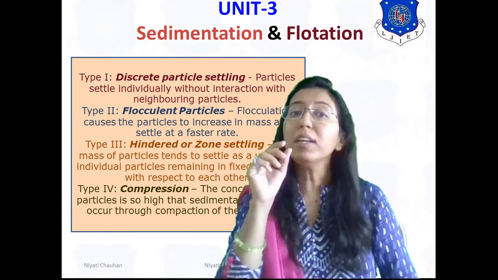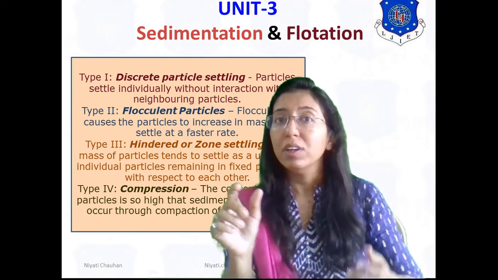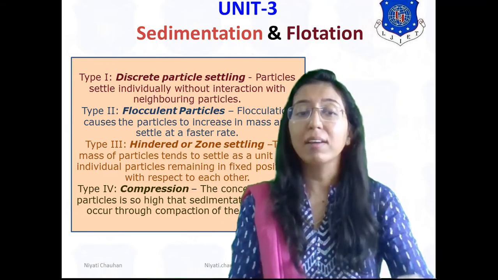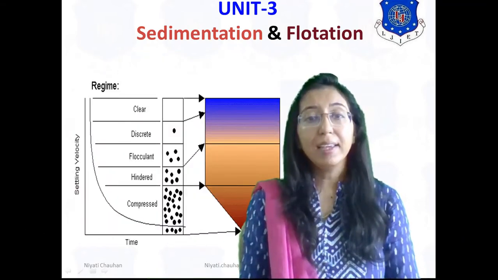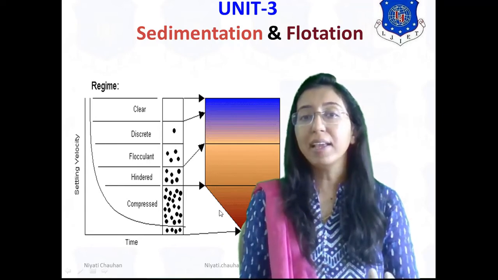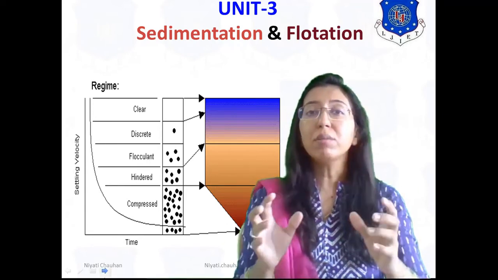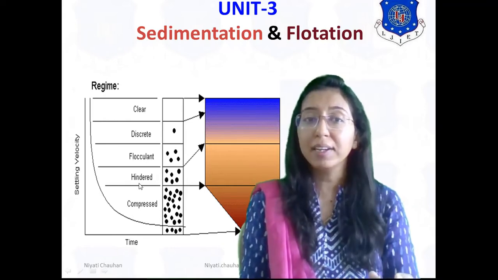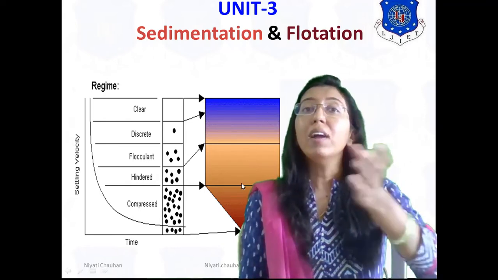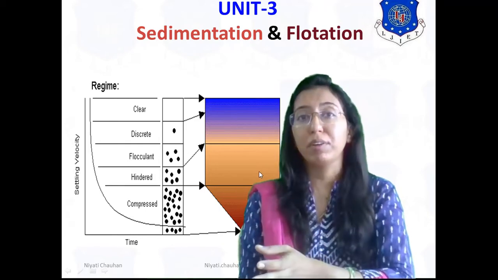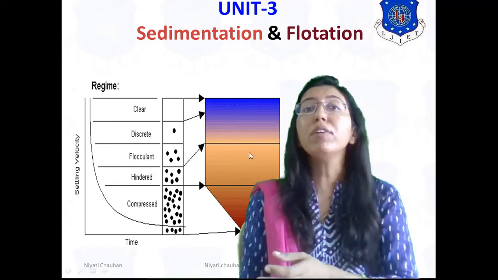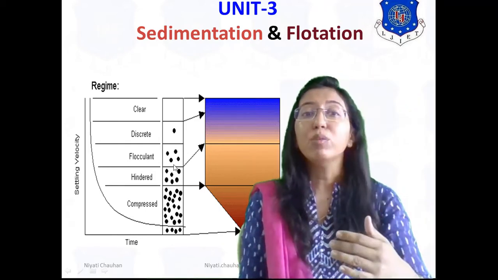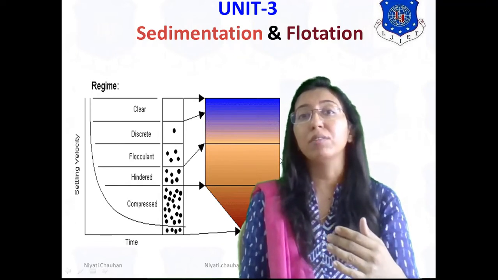In the compression zone, you can see in the diagram that at the last layer a type of structure forms. In hindered settling, particles settle down in a fixed position, and in flocculant settling the rate of settling is very fast.